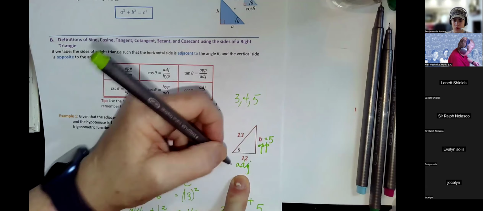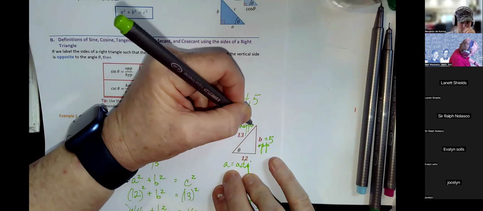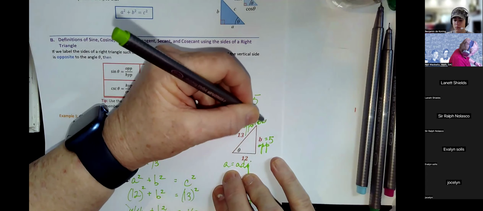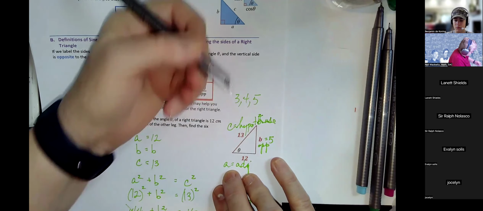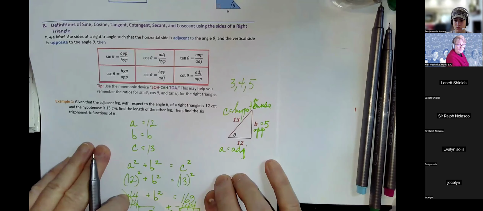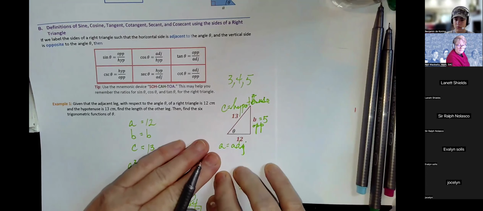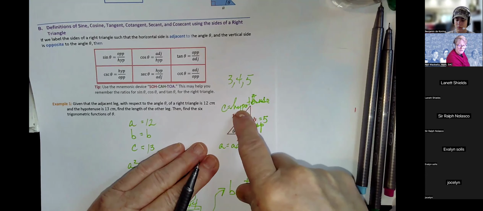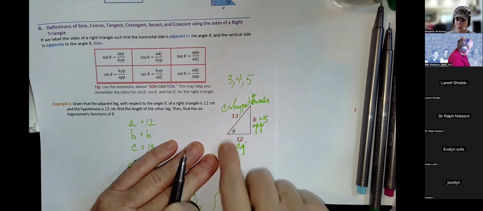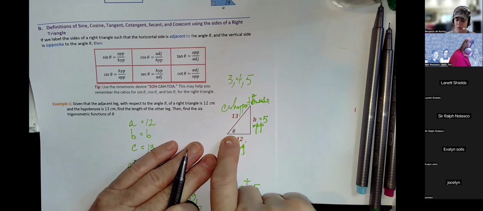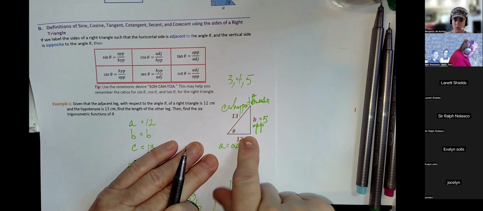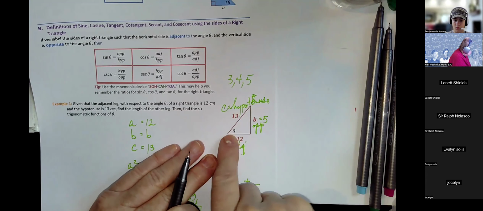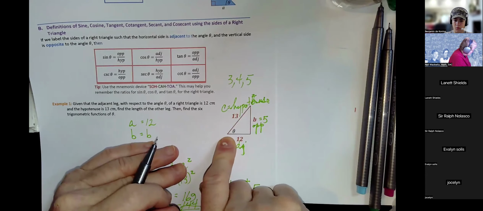And C is the hypotenuse. We usually use just the first three letters. With adjacent, opposite, and hypotenuse as our guides, and this angle theta, theta is never the right angle. It's always one of the others, and we're choosing to let it be in the lower left.